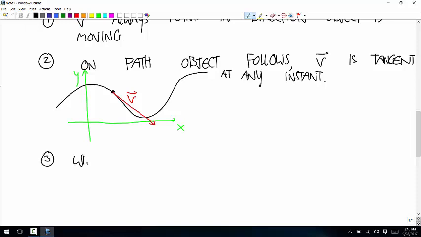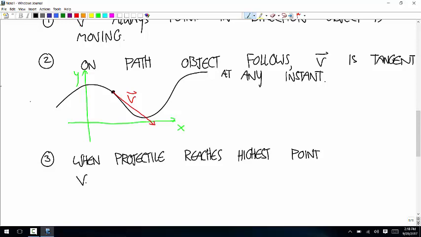So when a projectile reaches the highest point, the y component of the velocity is equal to 0, but not the x component.